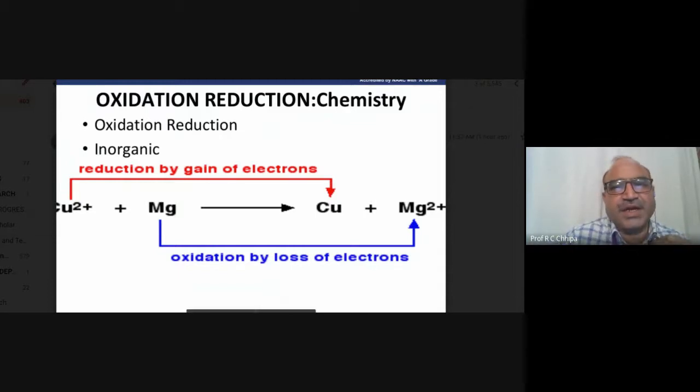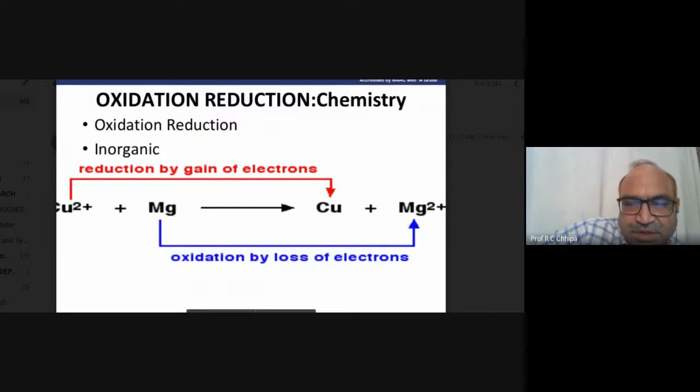If electrons are added, then definitely that is reduction. The opposite is oxidation. So gain of electrons is reduction, and in the case of oxidation, it is the opposite, loss of electrons.